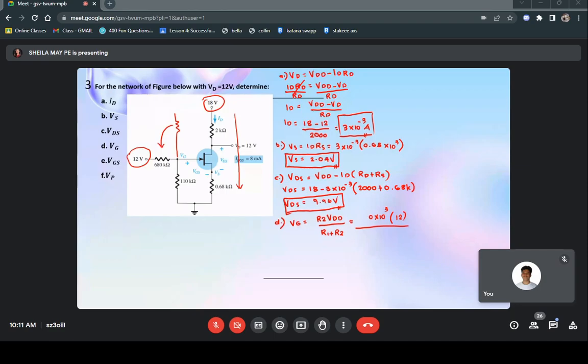R2 is 110, and this one here is 680 plus 110. So this one is 1.67 volts.